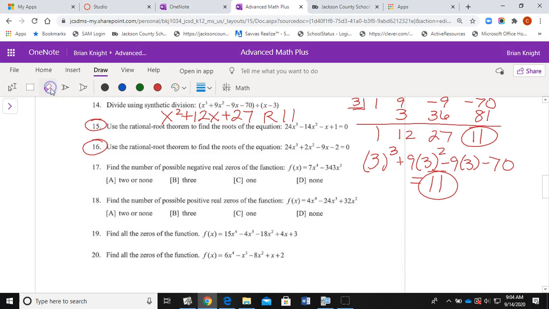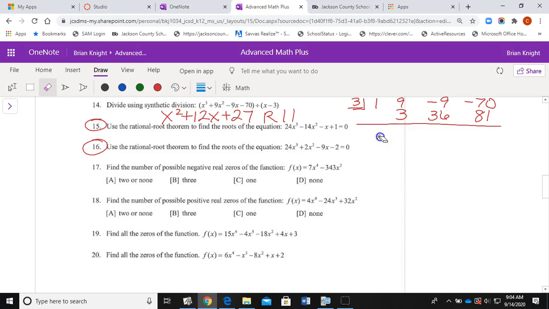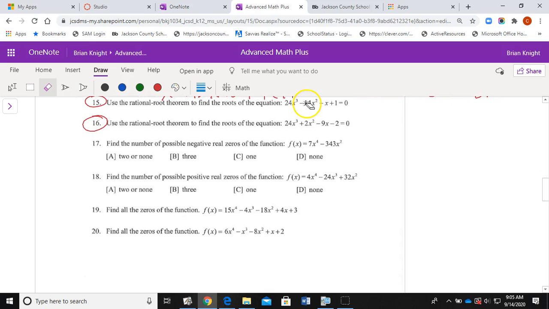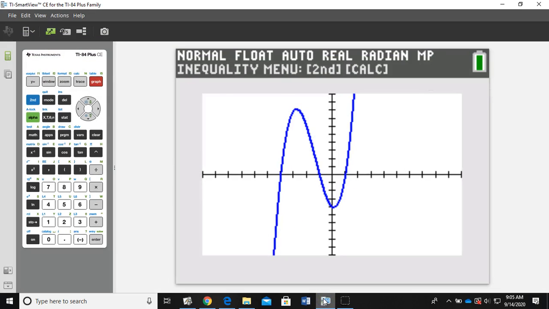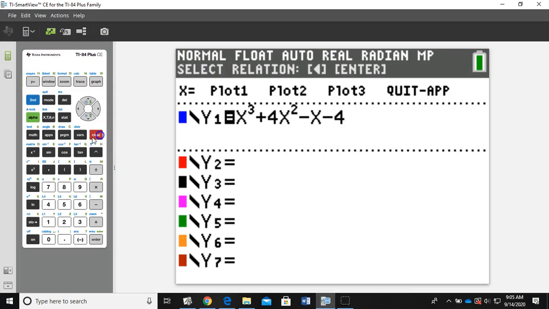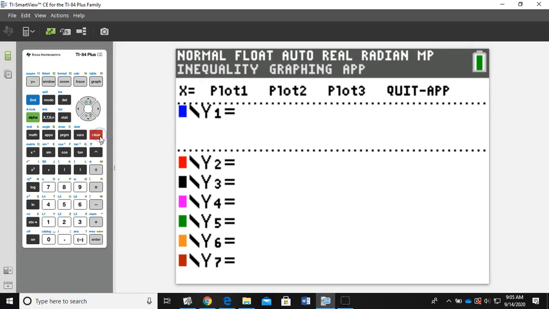So, let me erase this. And we're going to put this in our calculator. Fun times. 24x cubed, right? 24x to the third.